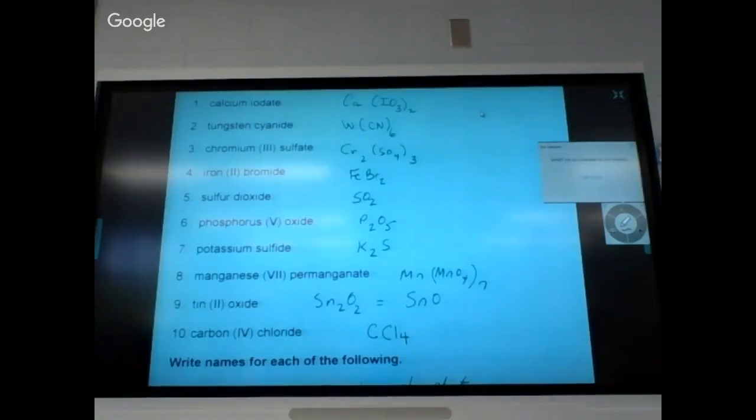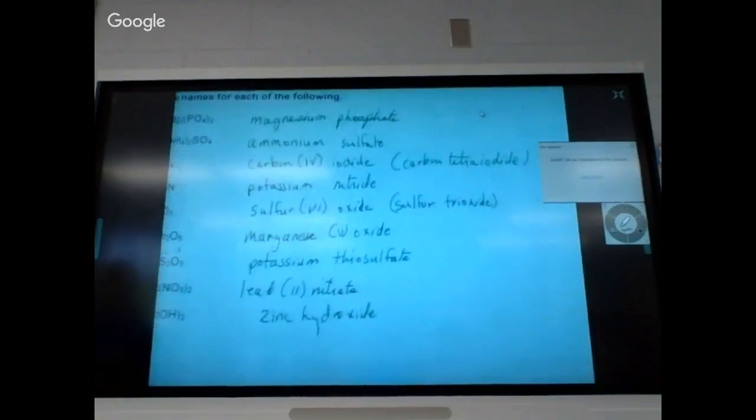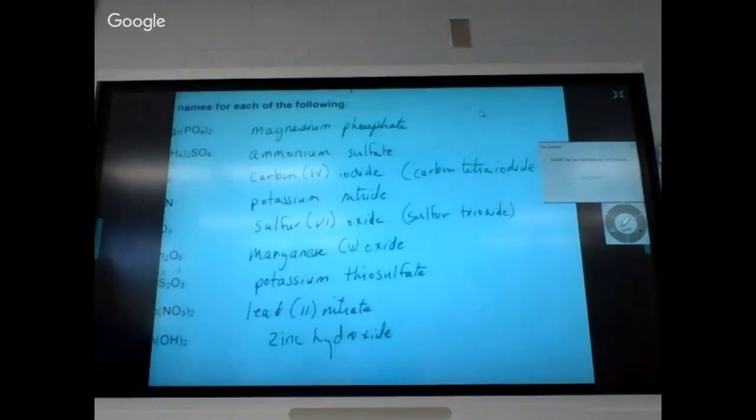All right, has everybody had a chance to check? All right, the bottom half. Oops, that's too far. And there's the bottom half.